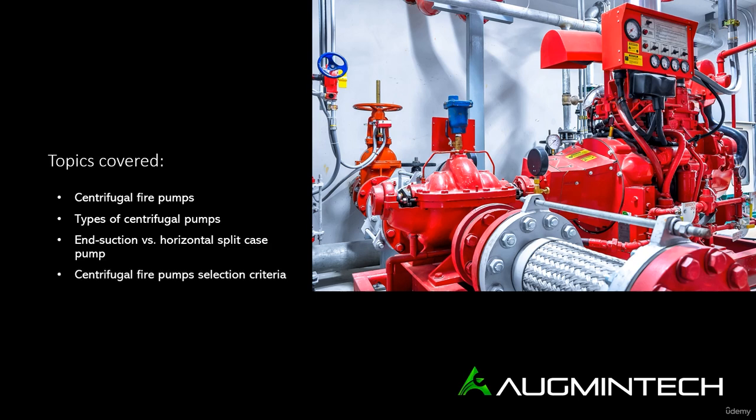Then we learned the centrifugal fire pump selection criteria, meaning the criteria for selecting a fire pump. Then we learned the centrifugal fire pump capacity, the criteria and how we can calculate the capacity of a fire pump. So we have seen that also.